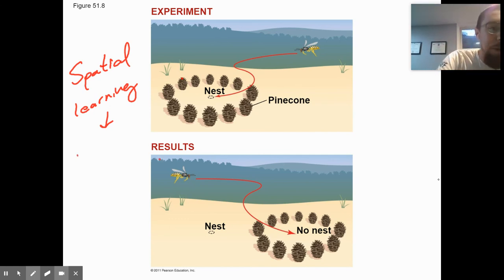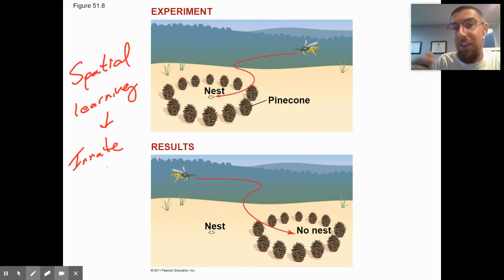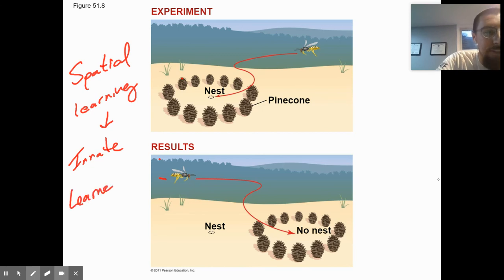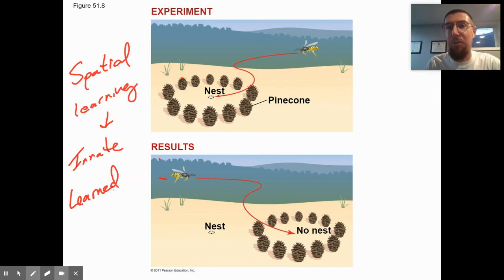So the innate component of this is that it is occurring at a certain developmental point, but the learned component is what is around them in the environment and how that is affecting their placement of objects or their locating of home. All right.